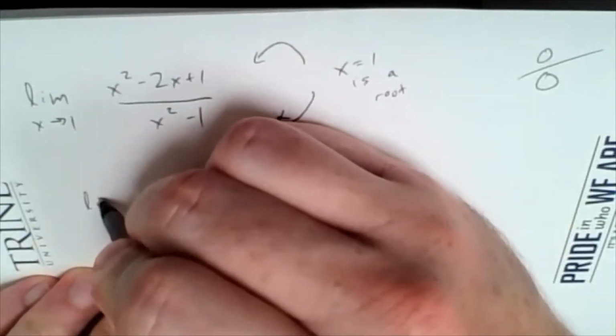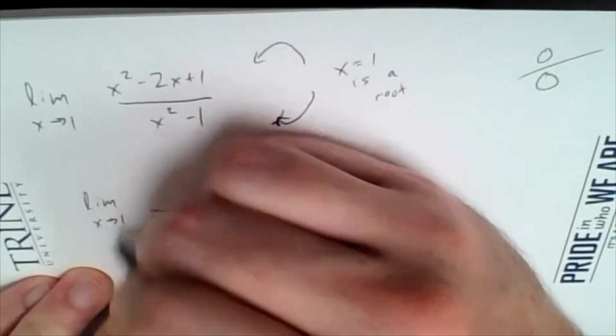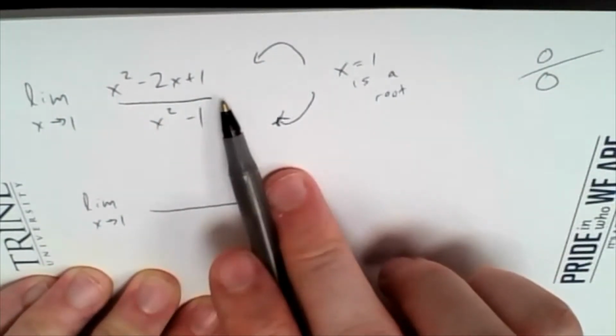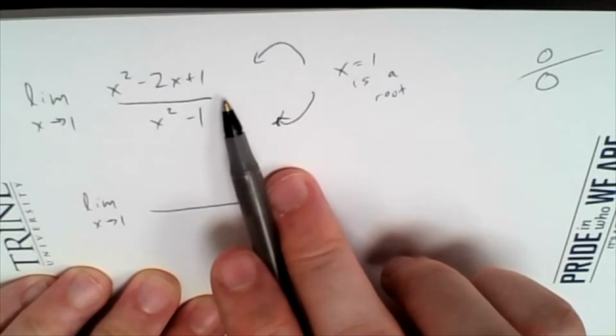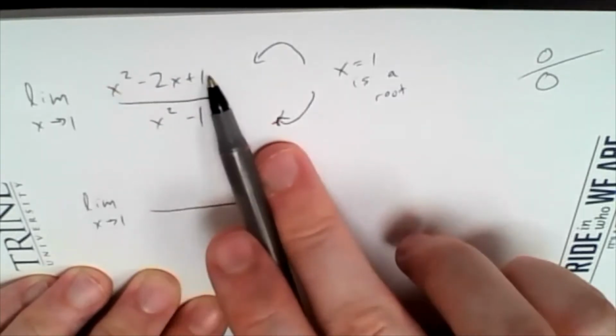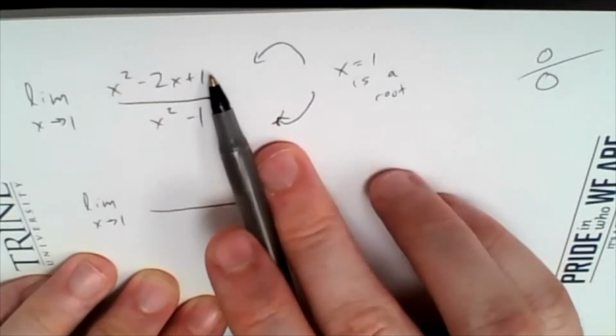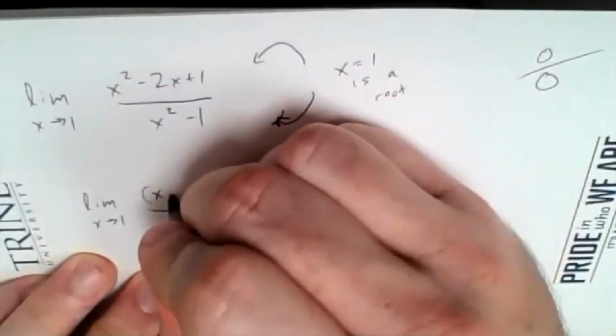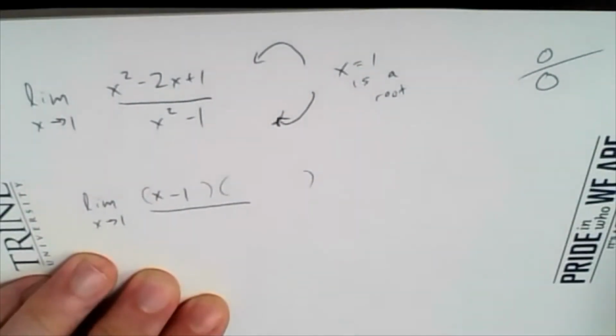Let me copy my problem down here. On the numerator, I want to factor this polynomial. I already know that x minus 1 is one of those roots.